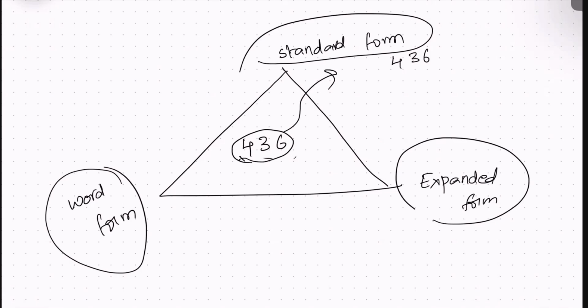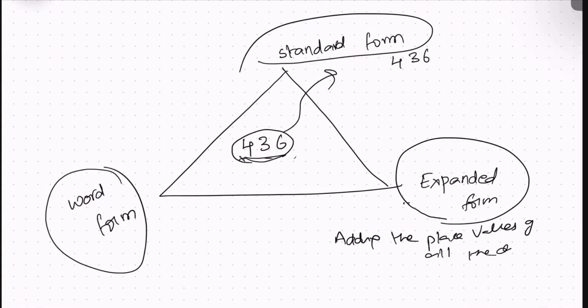We just learned about the place values, right? Expanded form is a way to write the number by adding the place values of its digits. For example, 436 is the number, and 436 is in the standard form. The expanded form we have to write by adding the place values of all the digits.